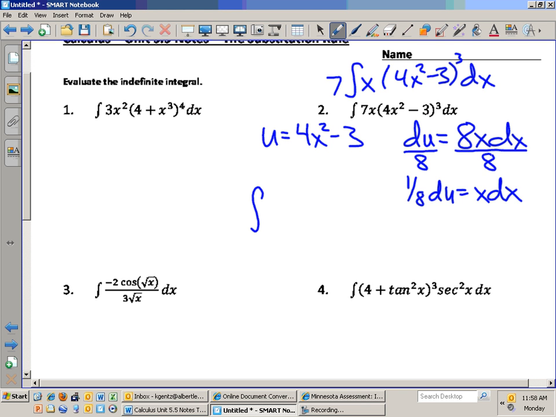The integral with a 7 out front times u to the third times 1/8 du. Where can I move the 1/8? Out front, so 7 over 8. That's my new integral.